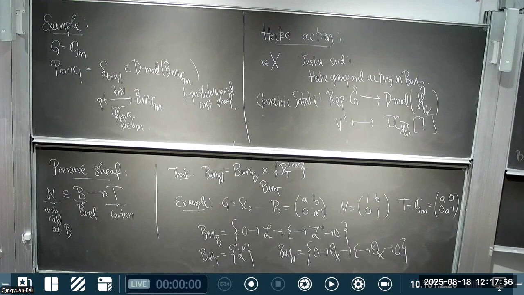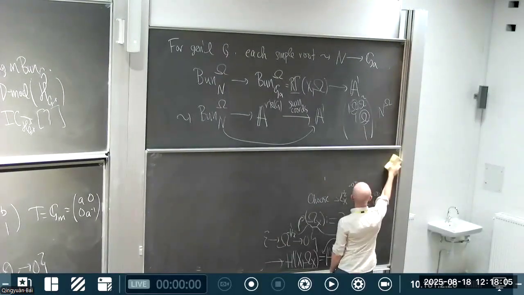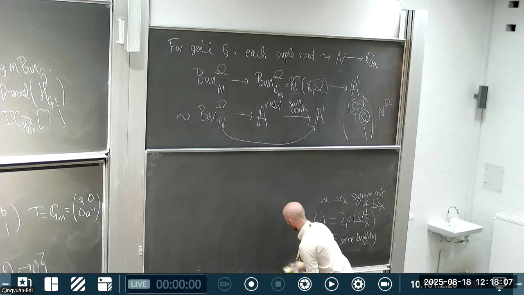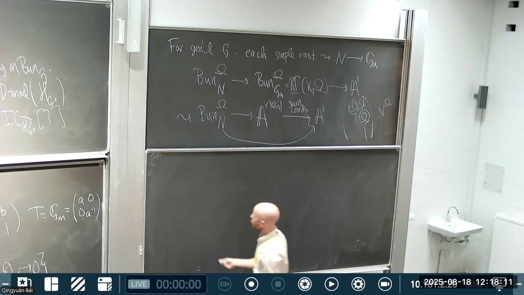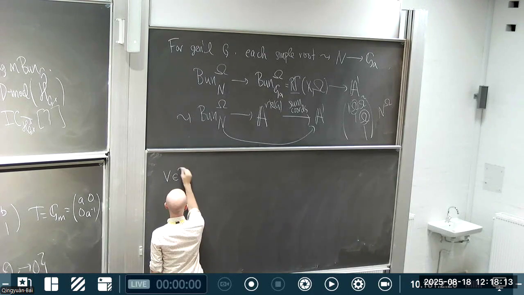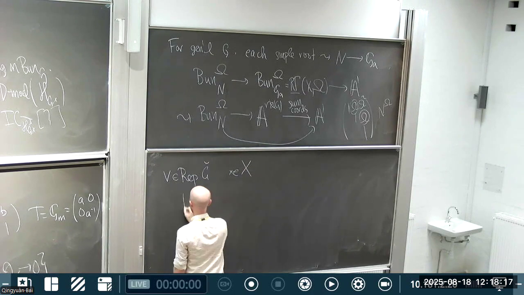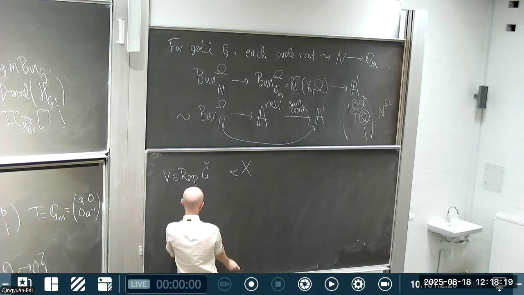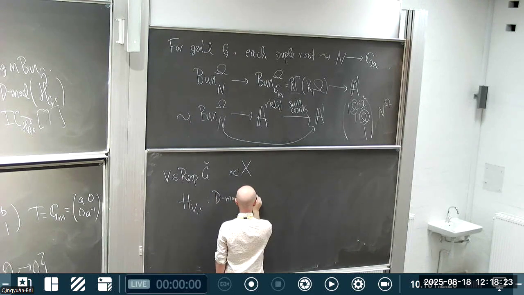The upshot is that whenever you have a representation of G check and a closed point on the curve, there's something called the Hecke functor attached to this data.